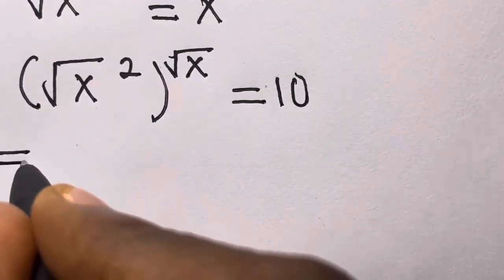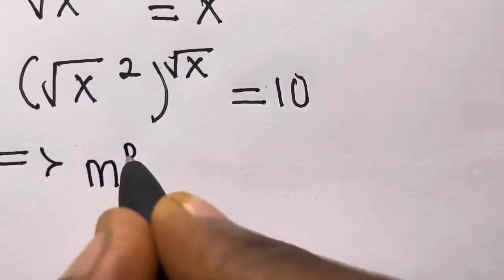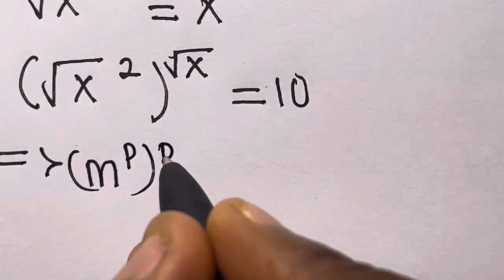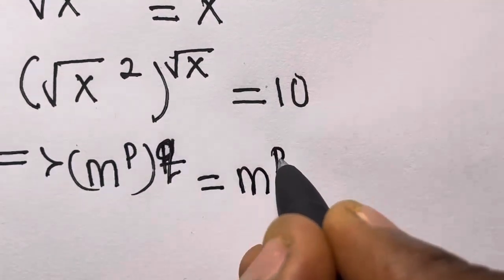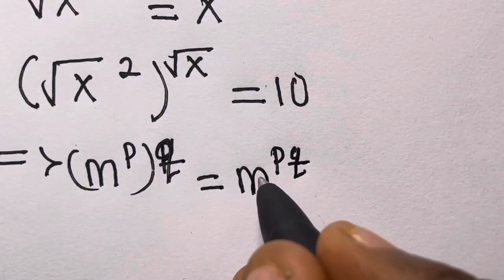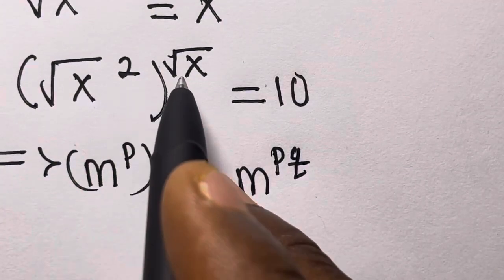So let's recall that if you have m raised to power p, then raised to power q, this equals m to the power pq. We multiply the powers, so this will become 2 times square root of x.